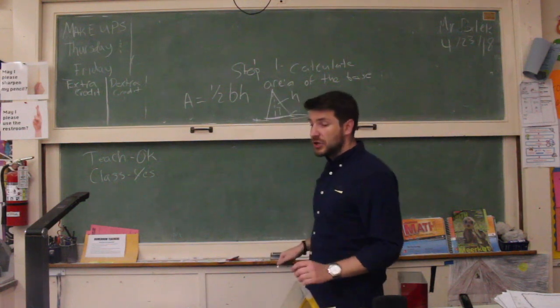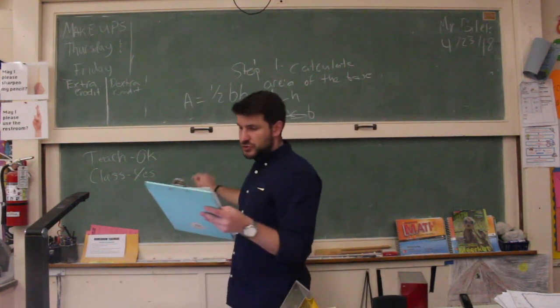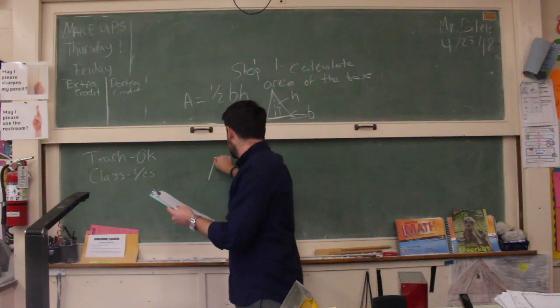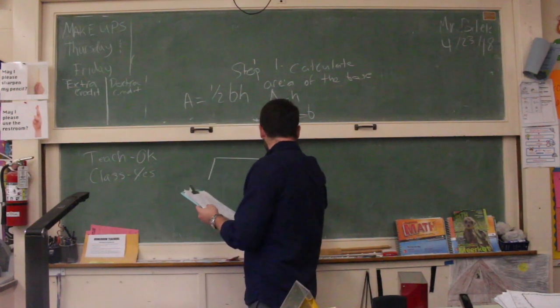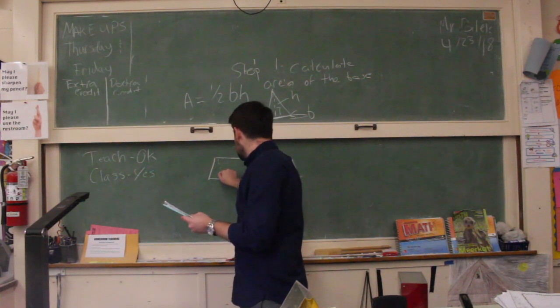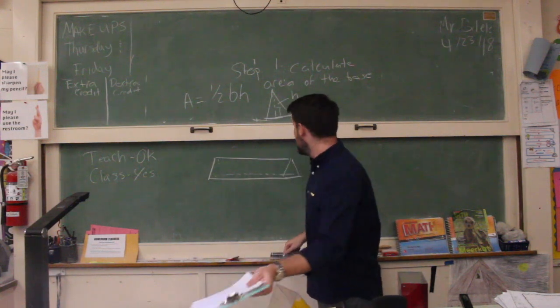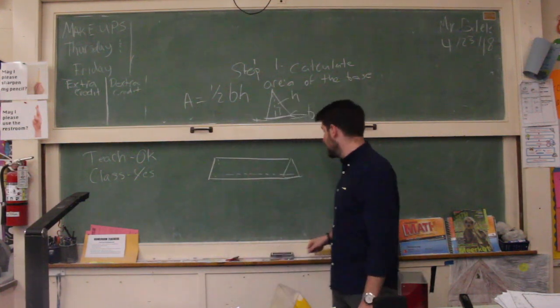Now, let's take a look at an example. We have this triangular prism right here, and I'd like you to draw this one as well. In this triangular prism we've got a couple measurements.